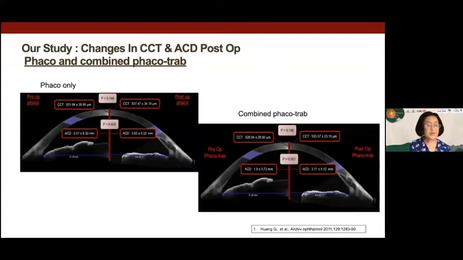Preoperative anterior chamber depth is illustrated on the left side of the image, and the postoperative ACD is displayed on the right side of the picture. It can be noted that the ACD is significantly improved, becoming deeper after the procedure compared to the shallower preoperative period. This occurs in the phaco-only group on the left image and the combined phaco-trab group on the right image.